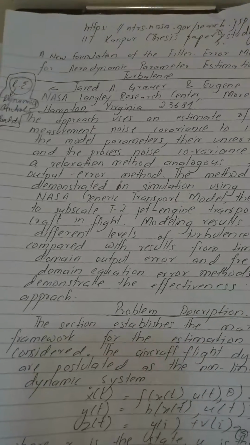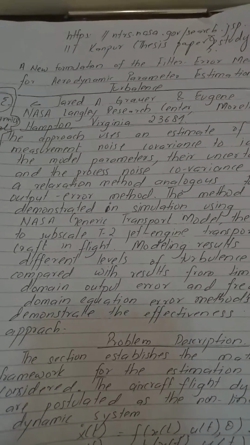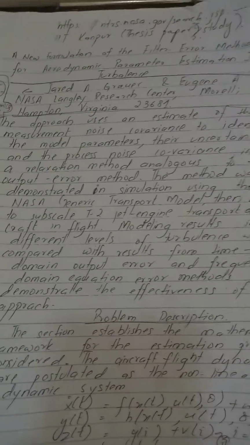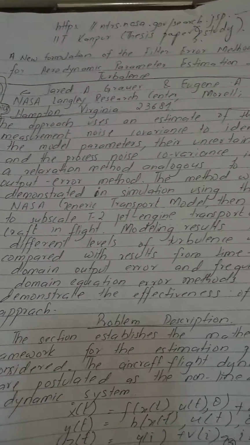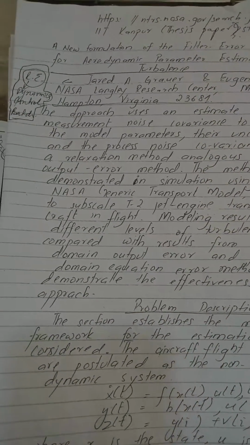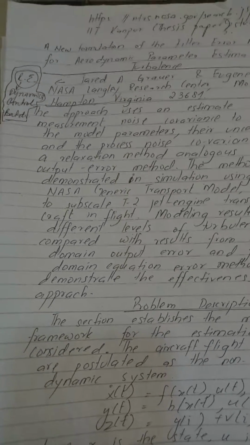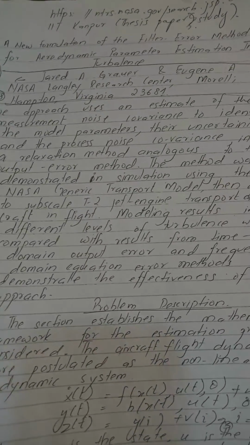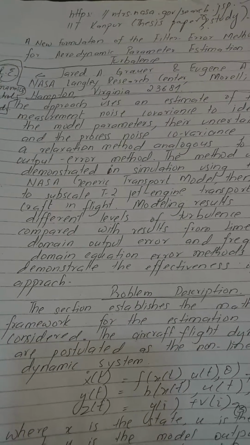For this video, the research paper is "A New Formulation of the Filter Error Method for Aerodynamic Parameter Estimation in Turbulence." It has been written by Jared A. Grauer and Eugene A. Morelli, both research engineers in the Dynamics and Control Branch at NASA Langley Research Center, Hampton, Virginia 23681.